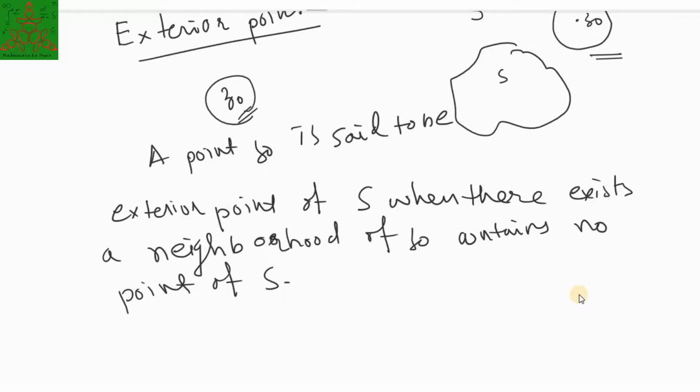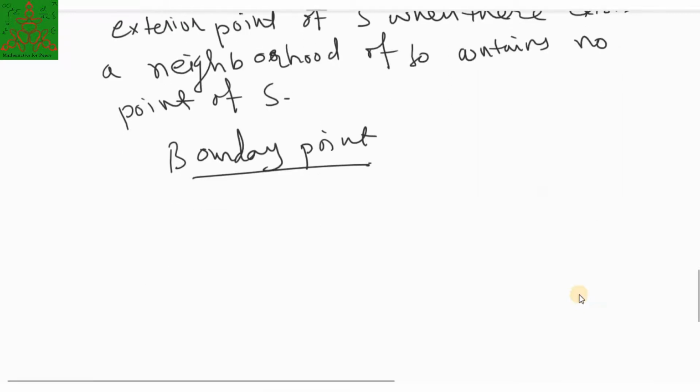The next definition is the boundary point. So what is a boundary point? Think of a room which you are sitting in. You are at a point in the interior, or at a point in the exterior of the room, and what is a point on the boundary of the room? That means the wall of the room.